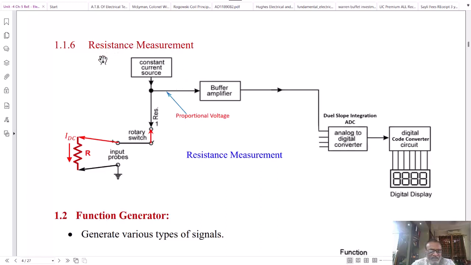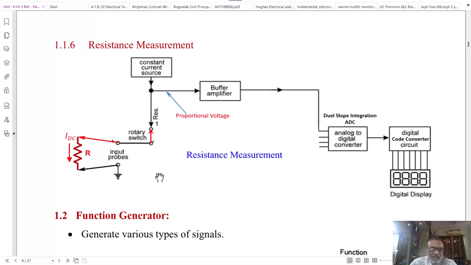Let us see. This measurement consists of a current source, and the switch which selects the parameter will be in the resistance position. The constant current source, as the name indicates, provides a constant current output. Let us say it provides 1 milliampere constant current. When it flows through the unknown resistance R, it produces a voltage drop across that resistance with the top end positive and the bottom end negative.